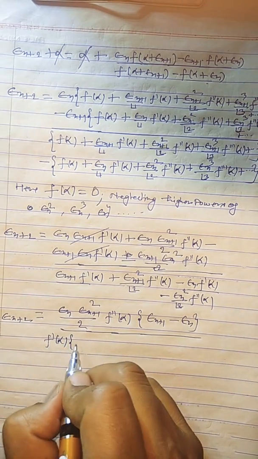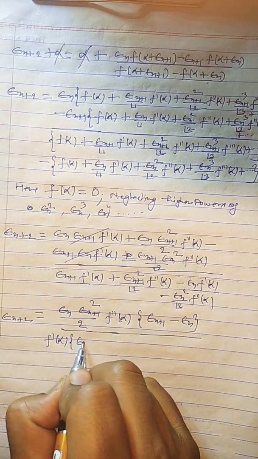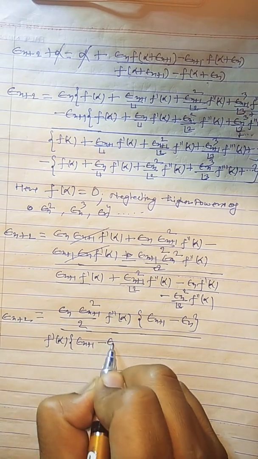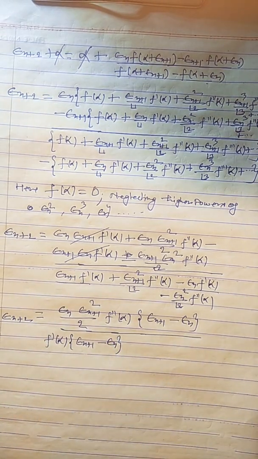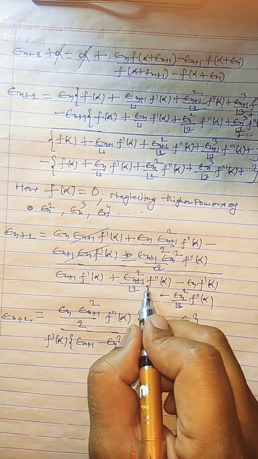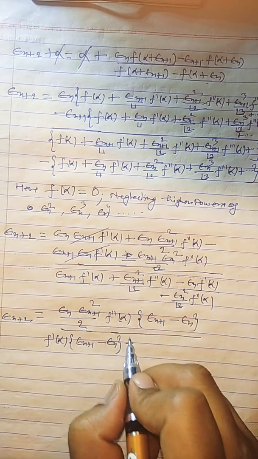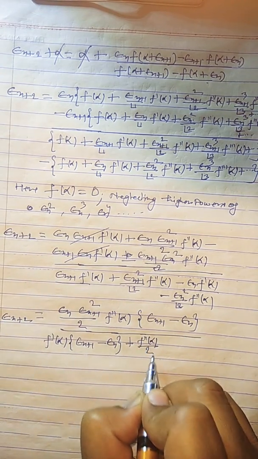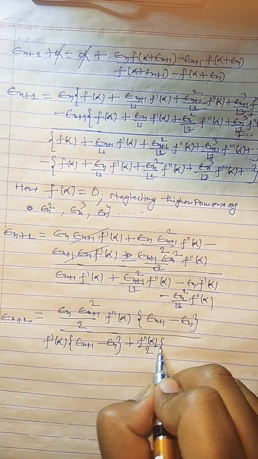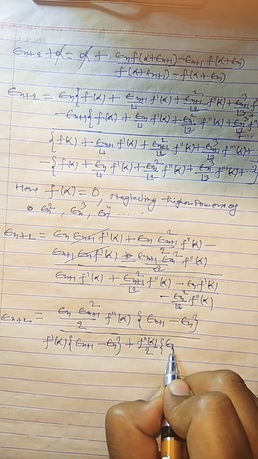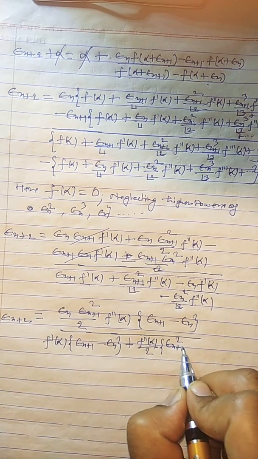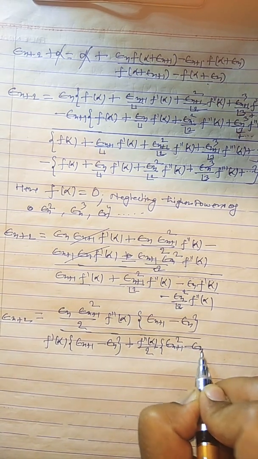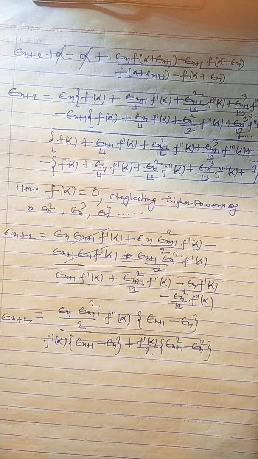We have epsilon n plus 1 minus epsilon n, and here in these two we have f double dash alpha upon 2 as a common term. Here we have epsilon n plus 1 square minus epsilon n whole square.